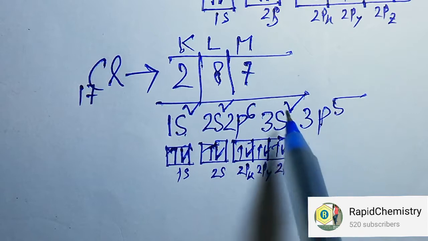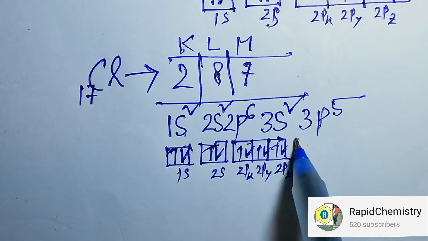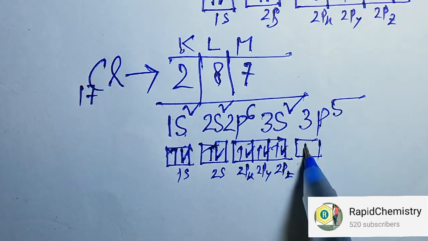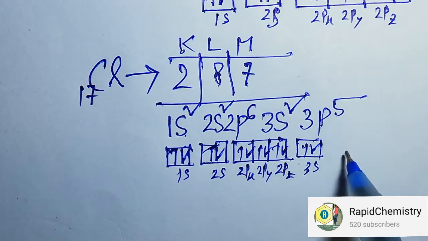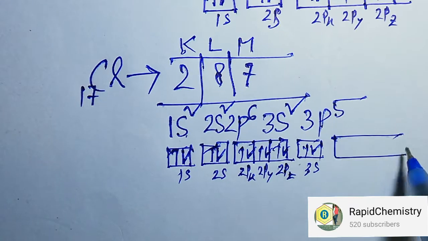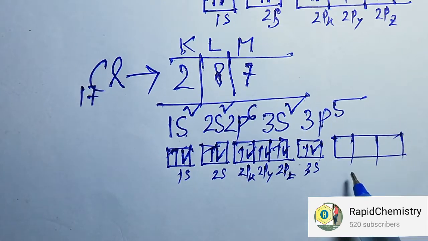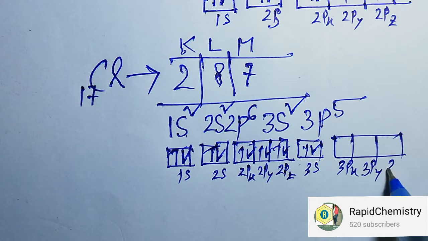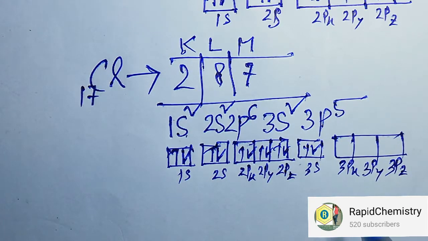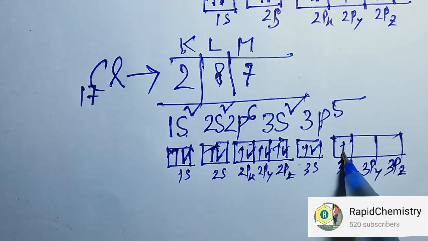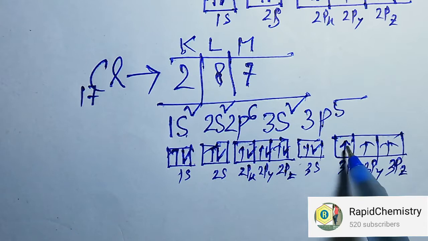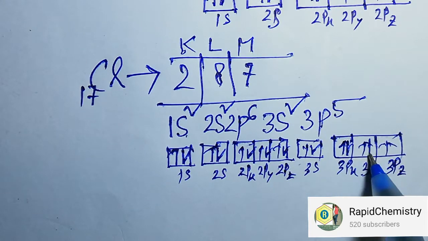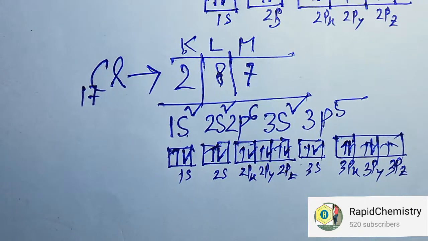For 3s one orbital is there with 2 electrons. In the 3p again 3 orbitals are there, degenerate, 3px, 3py and 3pz. As we know, at first each orbital will have one electron, and then there will be pairing. So that's how the electronic configuration is written.